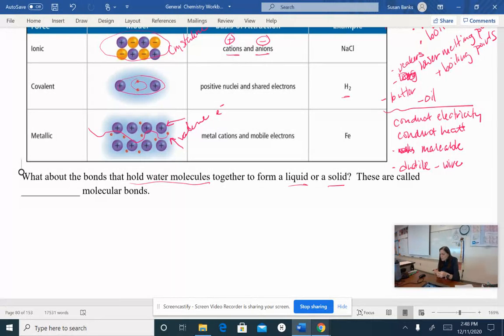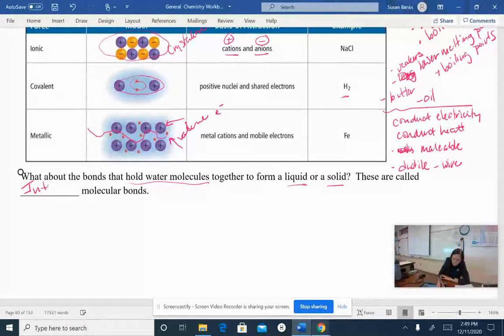They can still move around each other, but they've got to stick right next to each other. And to make a solid, they've got to be in a crystalline structure so that they still vibrate, but not very much. So these type of bonds are what we call intermolecular bonds. So inter is in between.